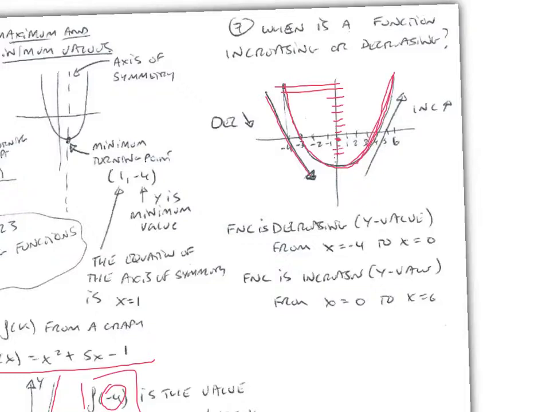So the function is decreasing from x equals minus 4 to x equals 0, and it's increasing from x equals 0, where the y value gets greater, to x equals 6.